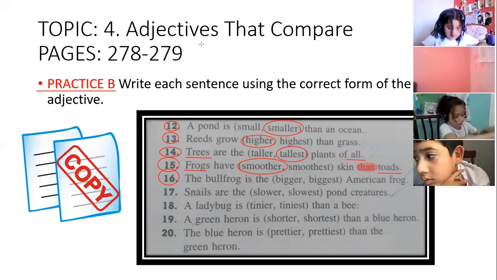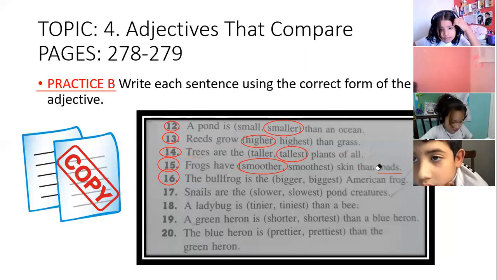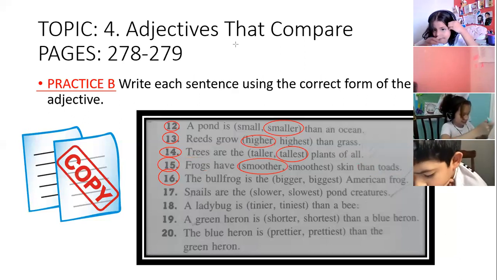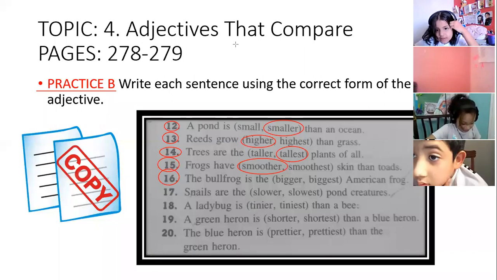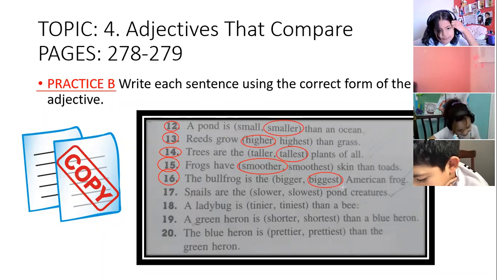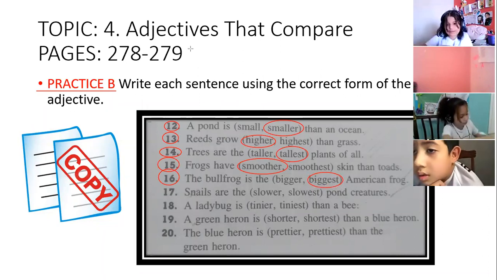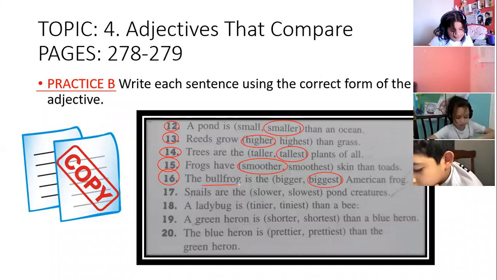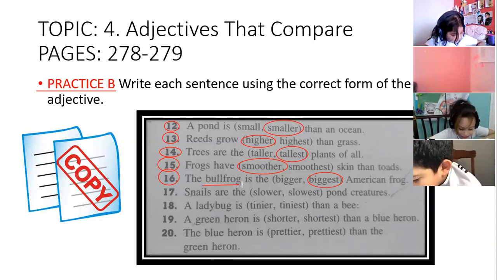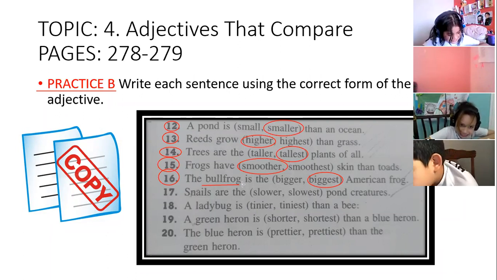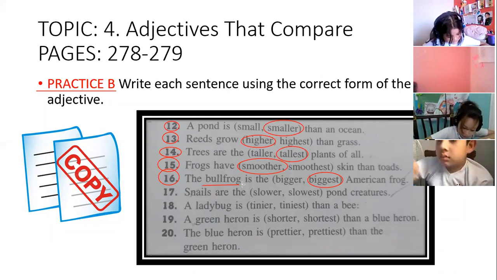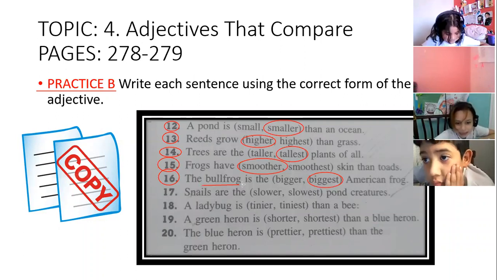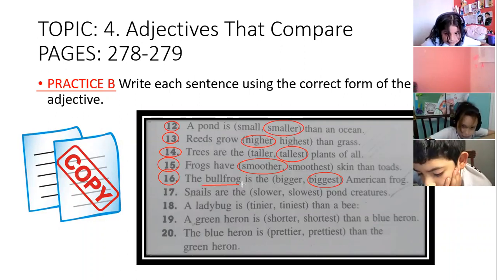Isabella, let's do the last one. The bullfrog is the biggest American frog. Exactly, because of course it is. Bullfrog is like dogs. There are different kinds of dogs, right? Chihuahua, Schnauzer, Terrier, Labrador, Doberman, Pit bull.